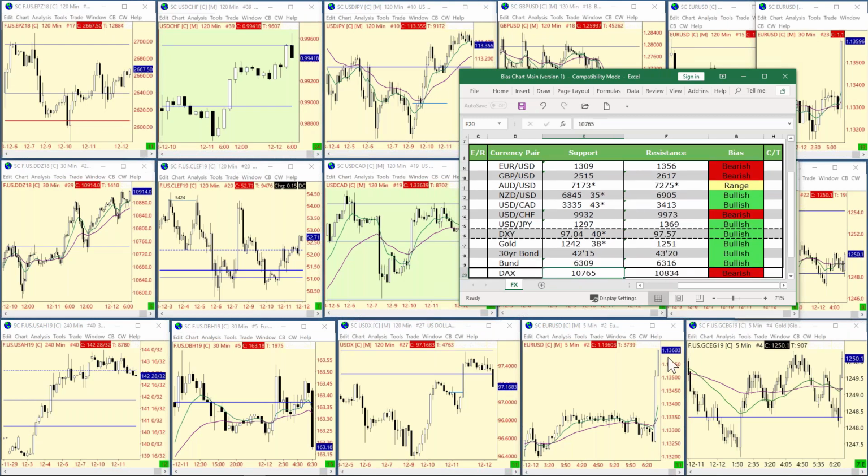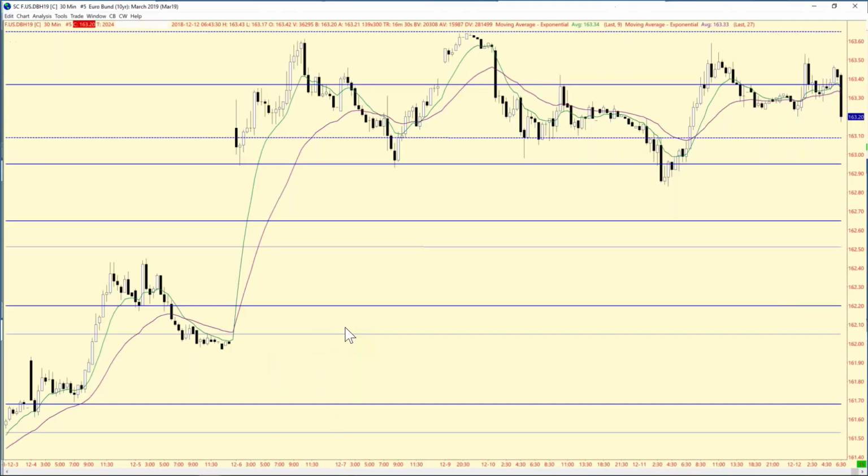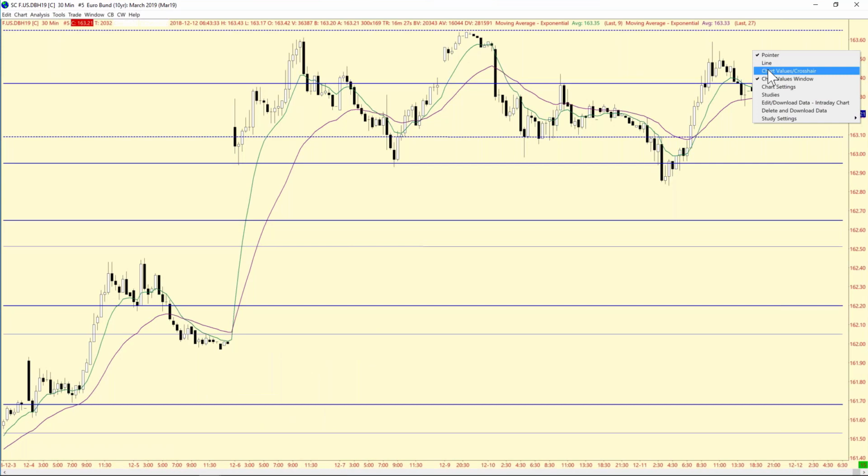Still trying to press this euro here. Hey, it looks good to me. Helps me on my cash dollar index too. Let's see here. And on the upside, it's going to be right here.